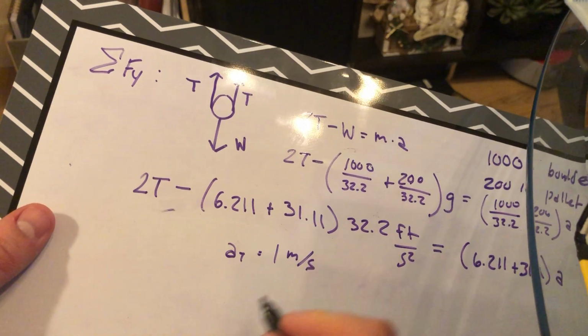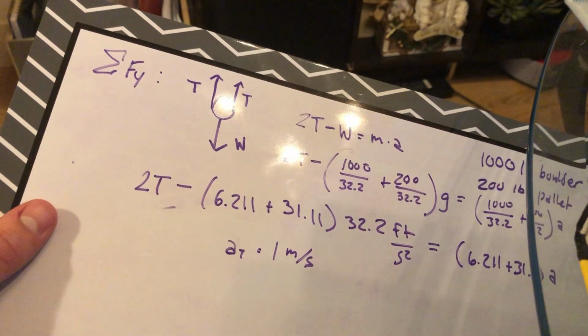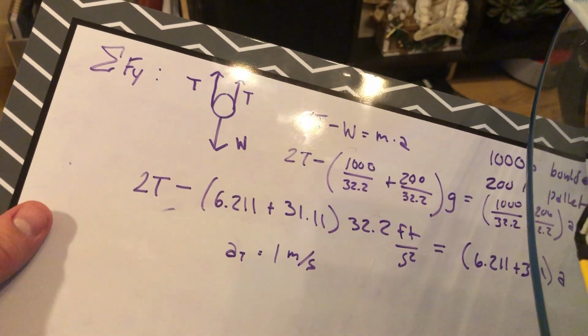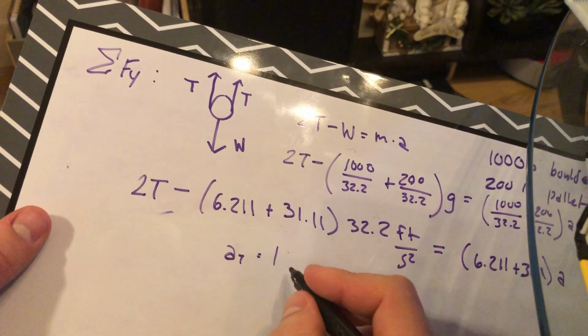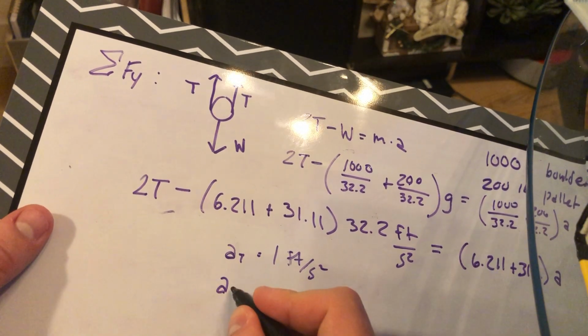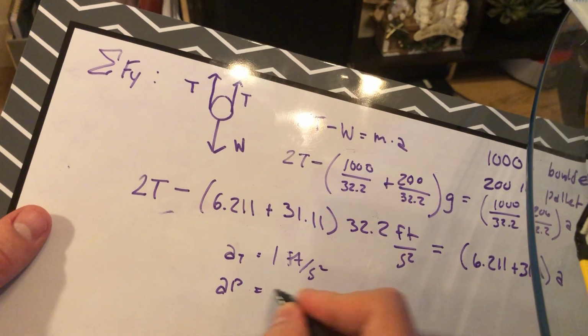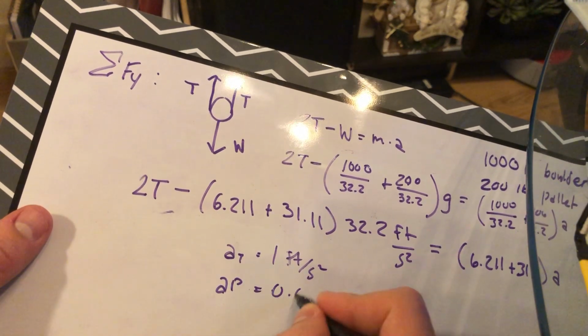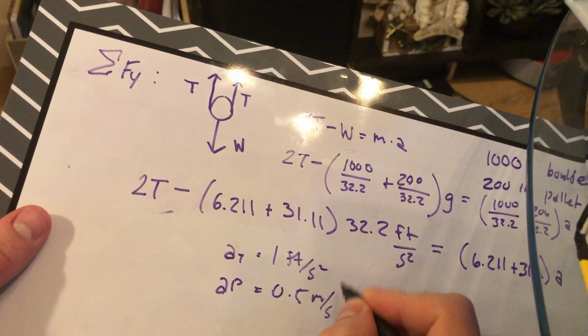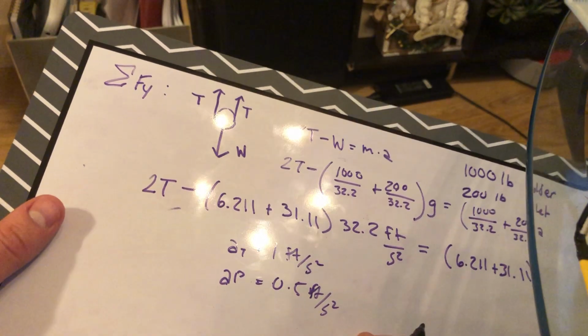So what we can then say is, if the acceleration of the truck is 1 foot per second squared, we're in imperial, crazy guy, then we know the acceleration at the pulley is equal to 0.5 feet per second squared. Again, why?